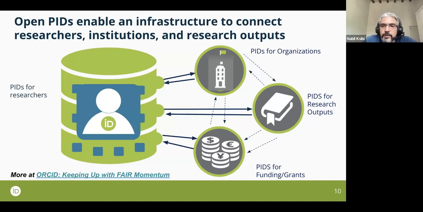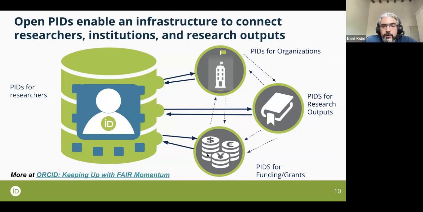Mainly, we are working with DOIs and a couple of other identifiers to ensure that these inputs and this synchronization of data between the different systems are persistent and identifiable through time.